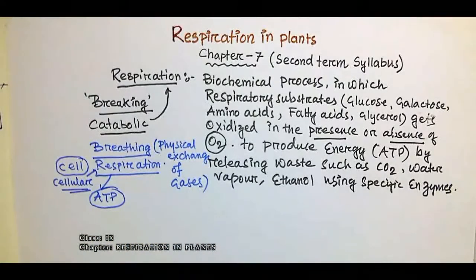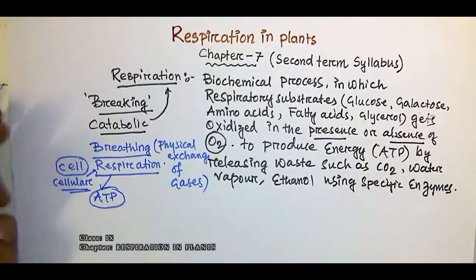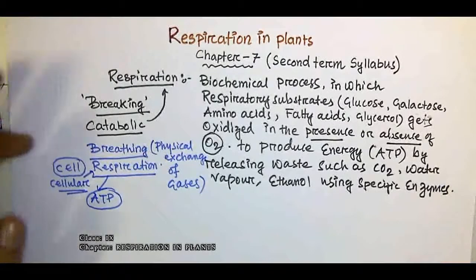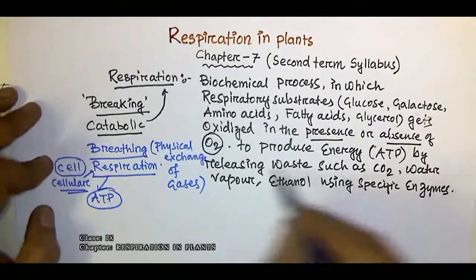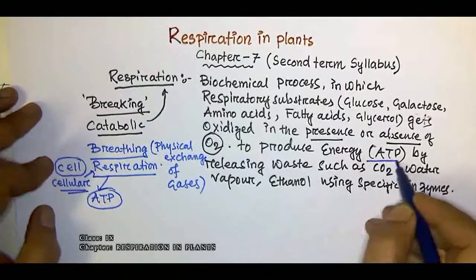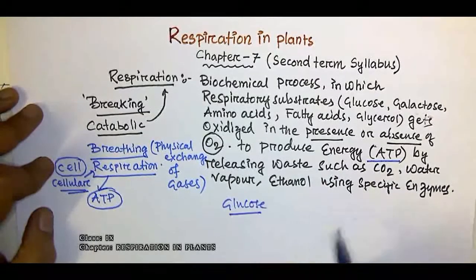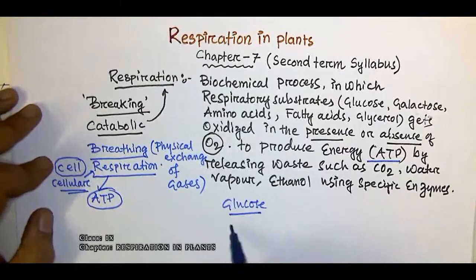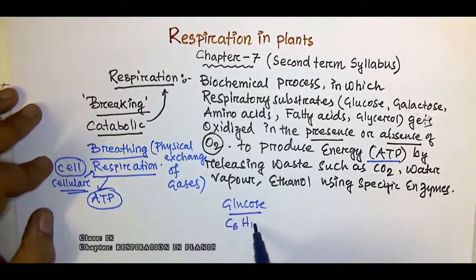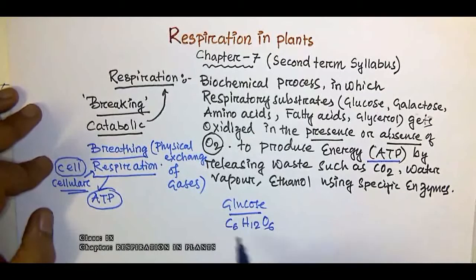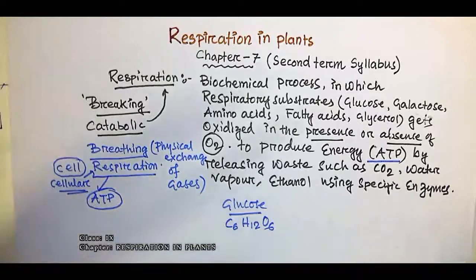When we talk about the respiration process, the main aim of this process is to produce energy. Glucose is a chemical with the formula C6H12O6, where 6 carbon atoms, 12 hydrogen atoms, and 6 oxygen atoms are chemically bonded.